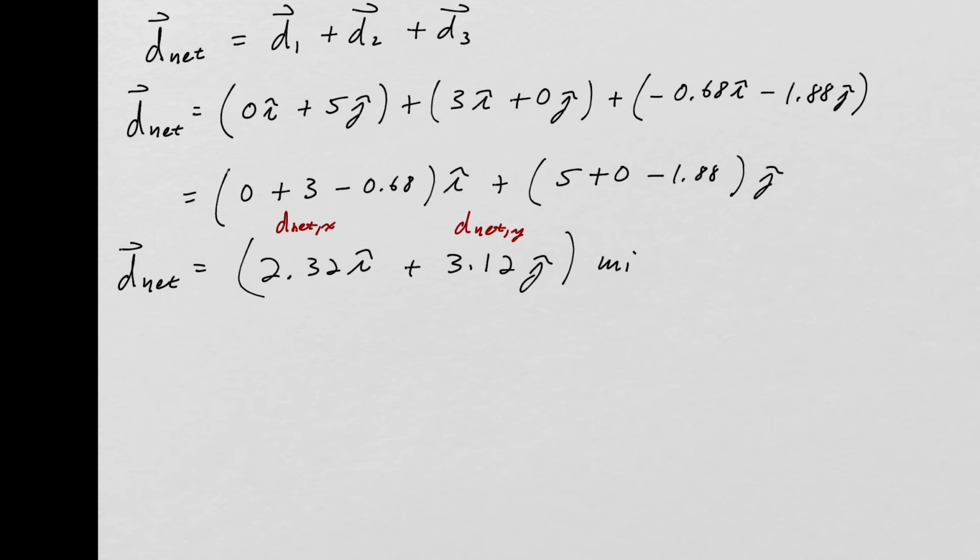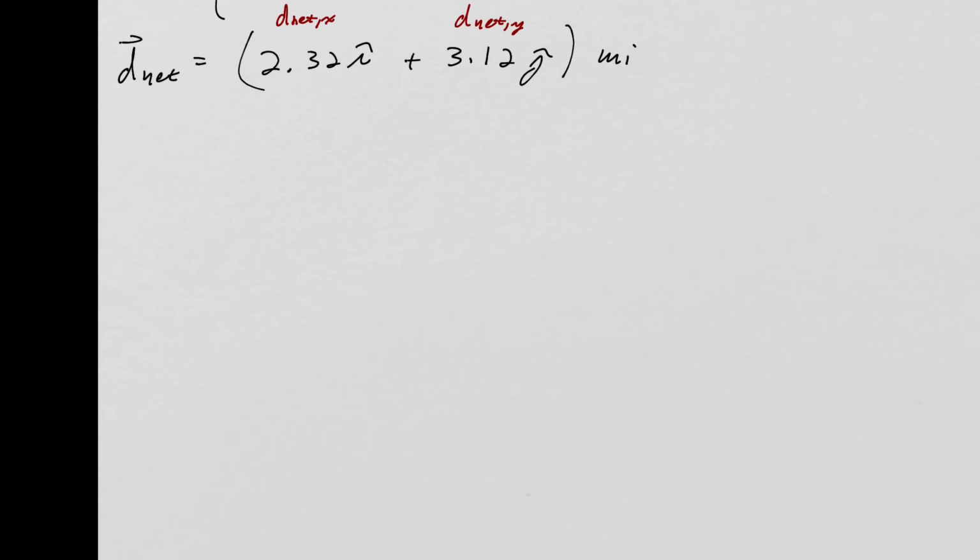Okay, so we have our answer, but often we also want to write this in what's called polar form. We want to find the magnitude of that D net vector and the direction of that D net vector. So what I like to do is draw this out. See how both the x and y components are positive? That means we're in the first quadrant. So if we were to draw this out, this is like D net x.